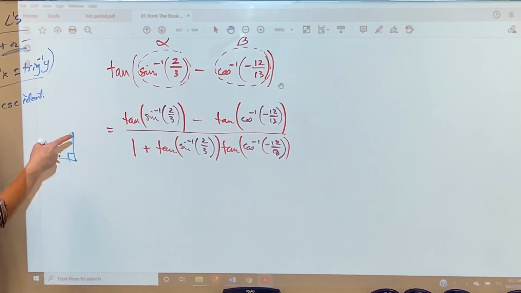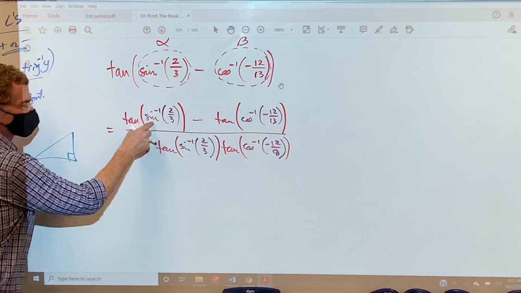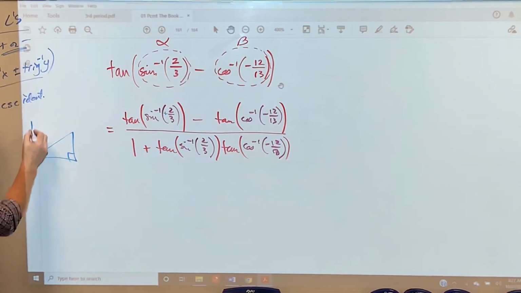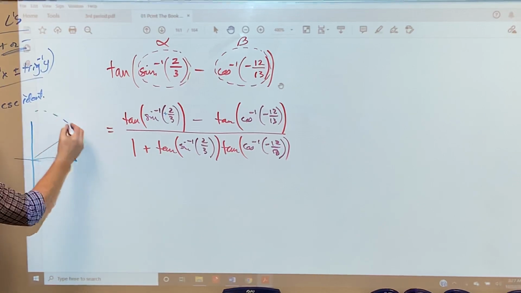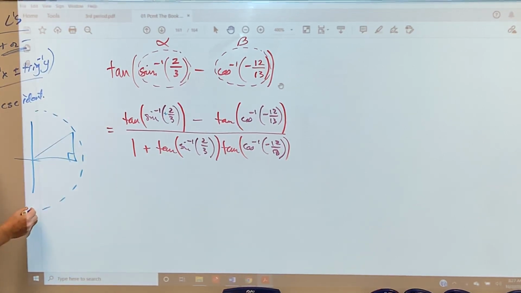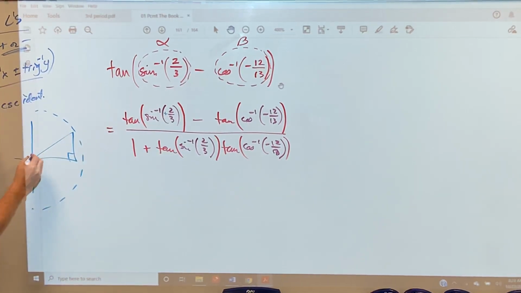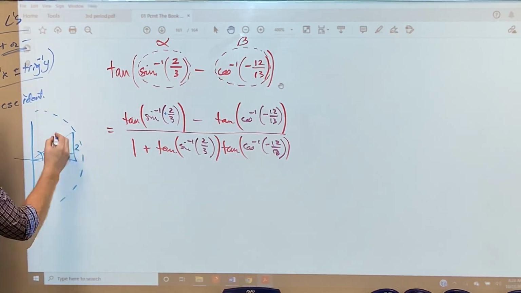No, I can't on this one. Because this inverse sine is positive, and inverse sine positive shows up between here and here. And if it's positive, it's in that quadrant. So I got lucky. So when I label this triangle, here's my alpha. That's the angle that this stands for. And when I label it, I go opposite over hypotenuse.